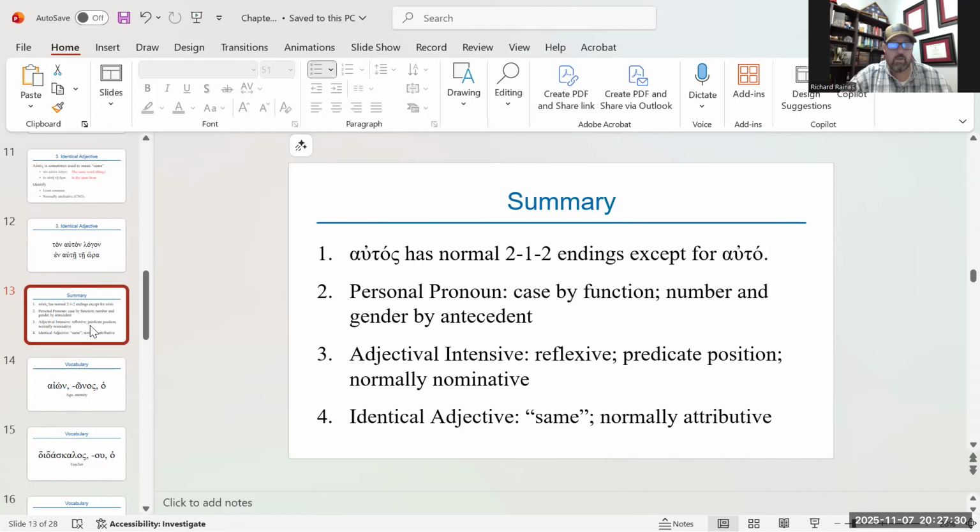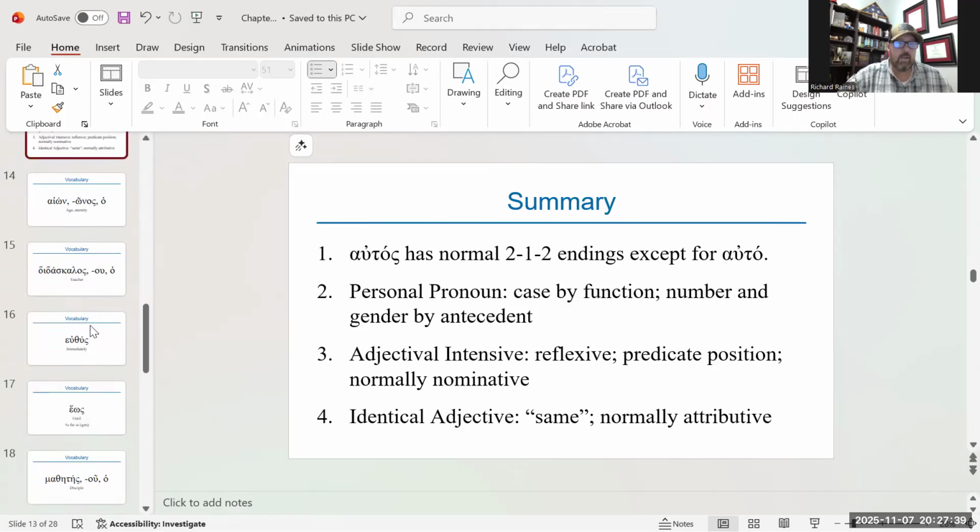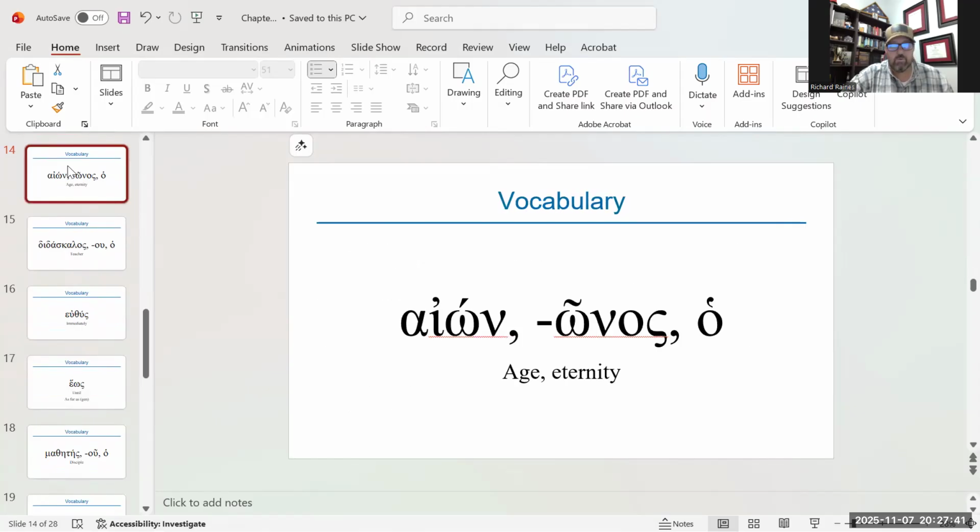Now, this is a really quick lecture. We're not covering a whole bunch of new ground, but let's go ahead and look at your vocabulary words for this week. Aión means age or eternity.